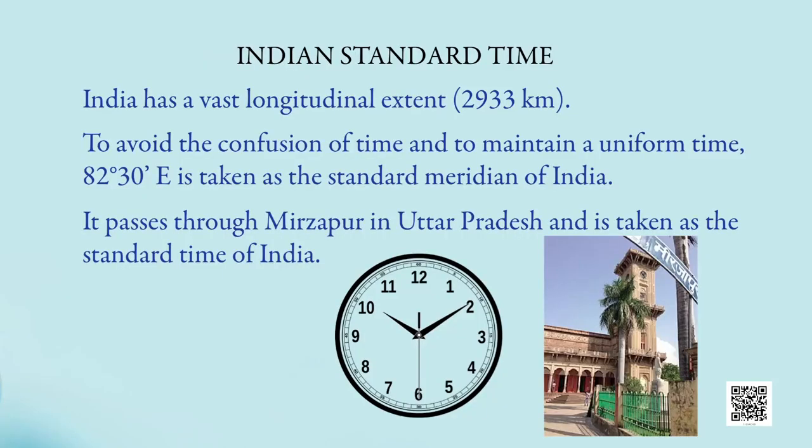This 82 degrees 30 minutes passes through almost the center of India, and Mirzapur is the place where we set the time. So to avoid the confusion of time and to maintain a proper time throughout the country, 82 degrees 30 minutes east longitude is taken as the standard meridian of India.